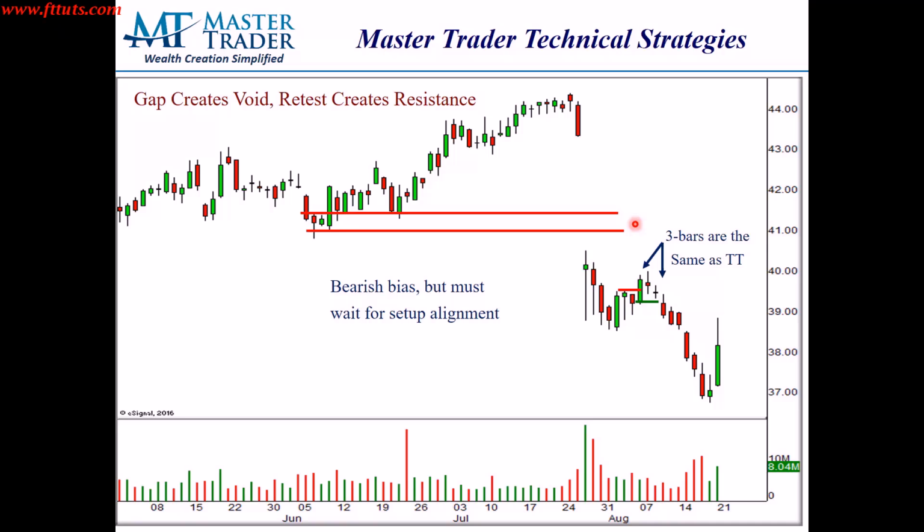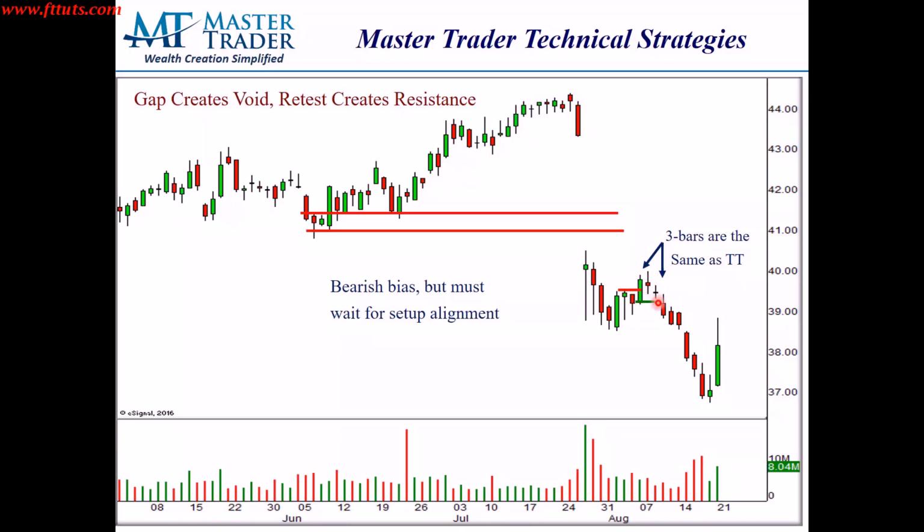But what this tells us is that this was creating a resistance here, and we don't have bars to the left over here, but let's just use some common sense and be a little flexible and say, well, here's this big gap down, and we got the bars here to the right, and I won't call it a pivot, I'll call it a reference point that others are going to focus on as a probable selling point.